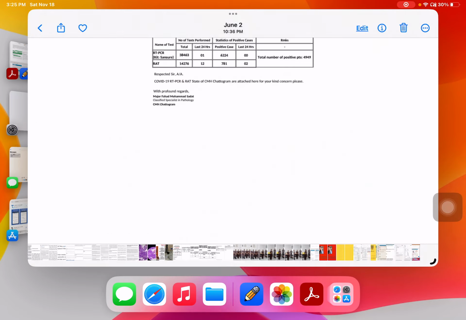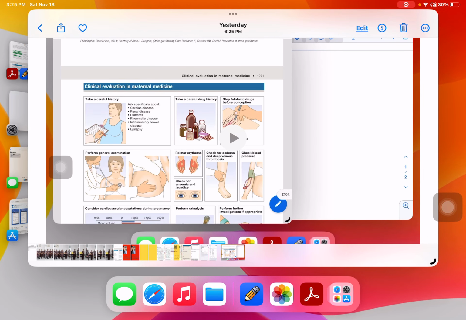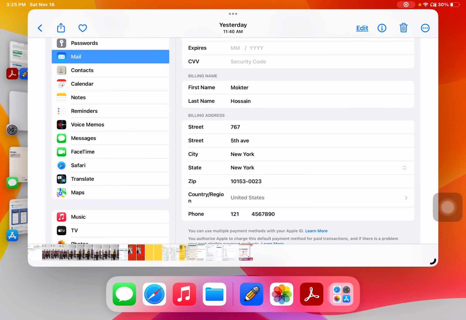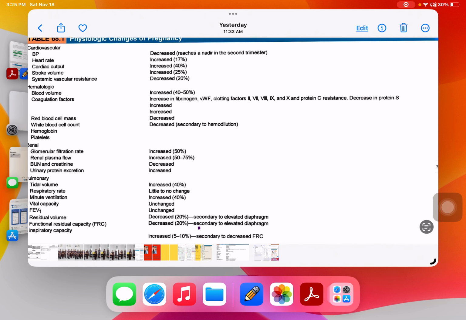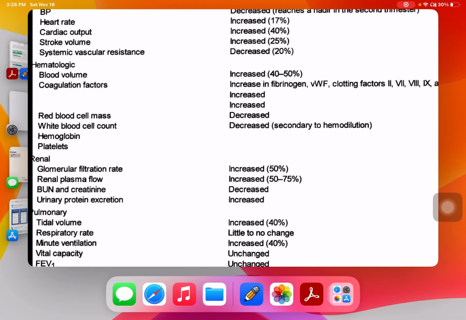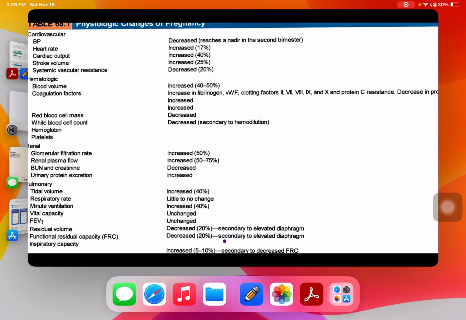We will discuss a chart from the Washington Manual of Emergency Medicine, where we can see the physiological changes of pregnancy in summary.